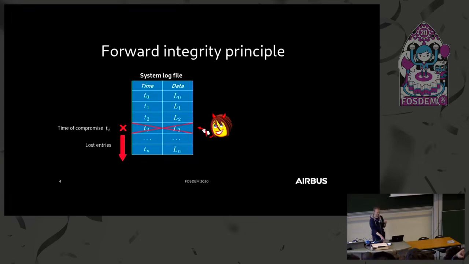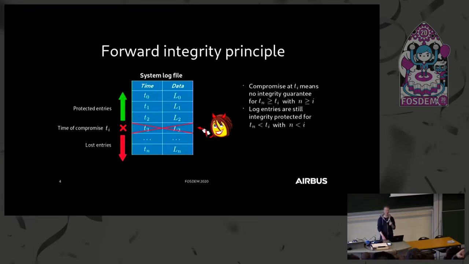Forward integrity now means that we can still rely on what was there originally. So if the attacker hasn't tampered with, let's say, all the log entries before T3 in this example, we can still use them for forensic purposes, which is great. Because in an old model where we don't have forward integrity, we can forget the whole log. So the question is, how can we achieve that?